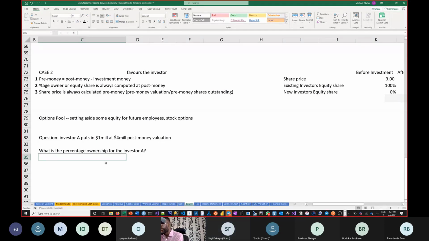Let's check. So how do you check? The percentage ownership or percentage equity you give to the new investor is always equal to the investment divided by post-money valuation.